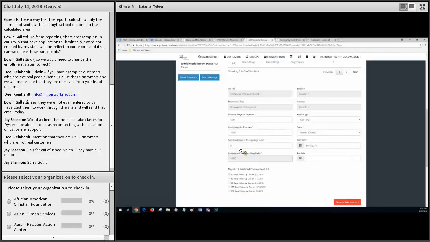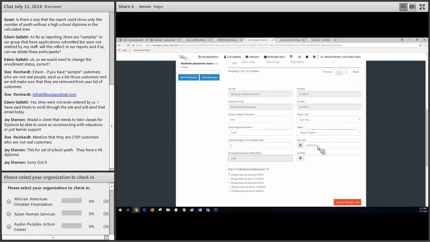I do want to point out, because we did have some people with questions about this after the last webinar, that a person can only be in subsidized wage employment for 90 days. And it's from the first day that they start through the end. It doesn't matter if they work full-time, it doesn't matter if they work part-time, the days start ticking based on that start date.